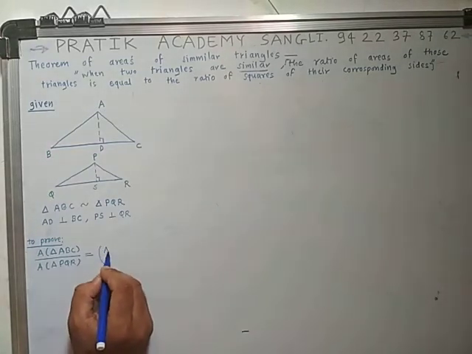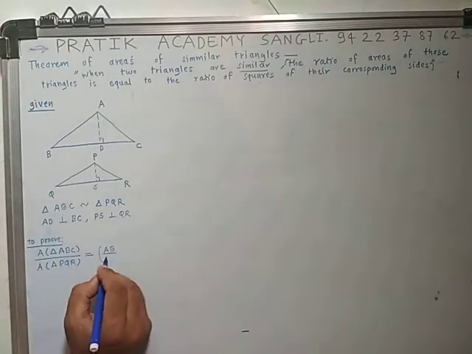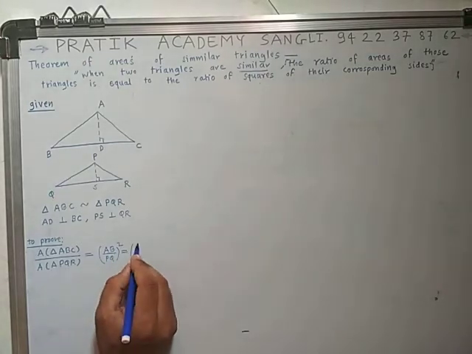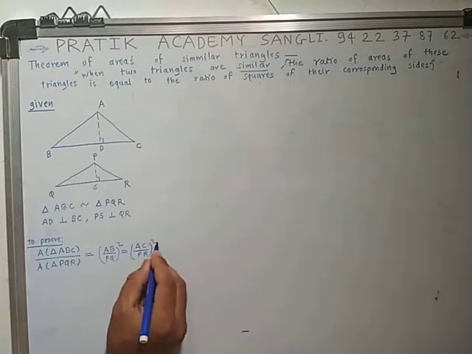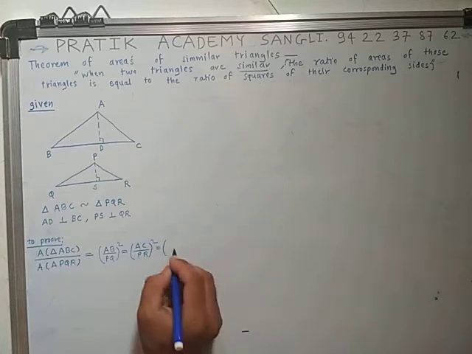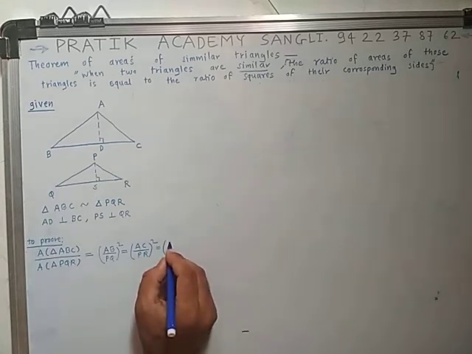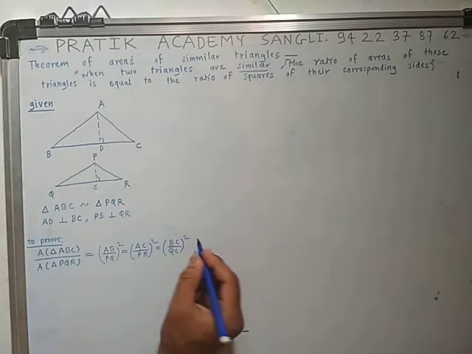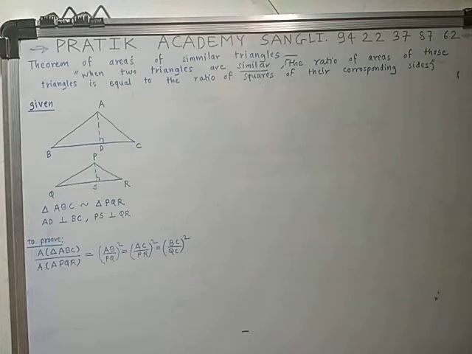So if you take AB, then the corresponding side is PQ and its square, or if you take AC, then the corresponding side is PR, its square again, or if you take BC, then the corresponding side is QR, its square. So this is the to-prove part. Okay, so for that purpose we will write the proof here.